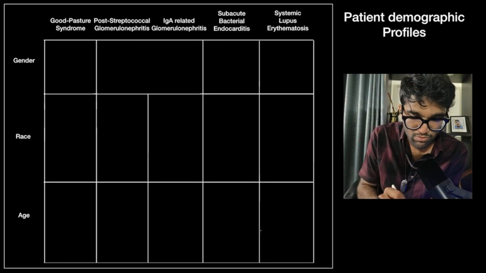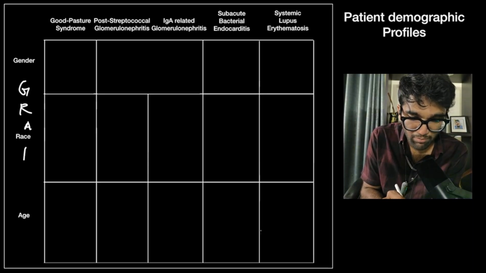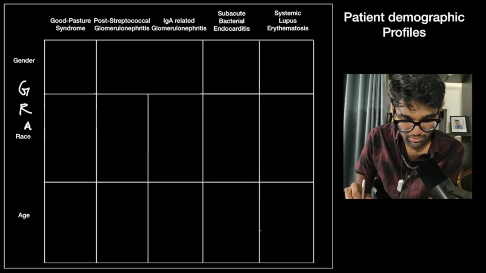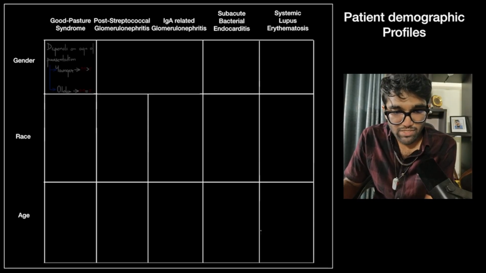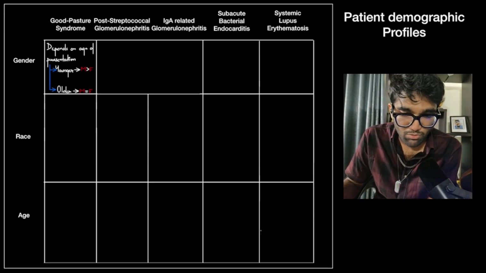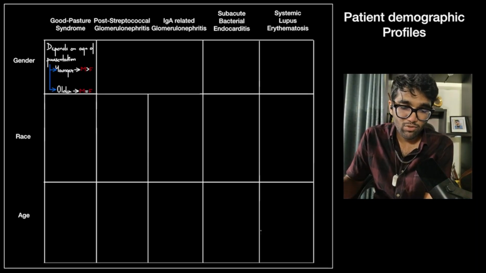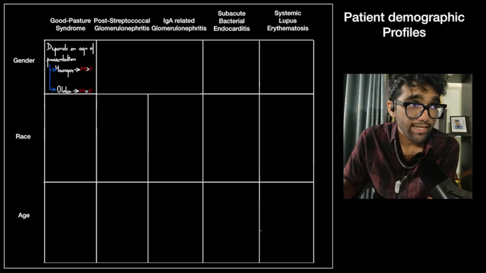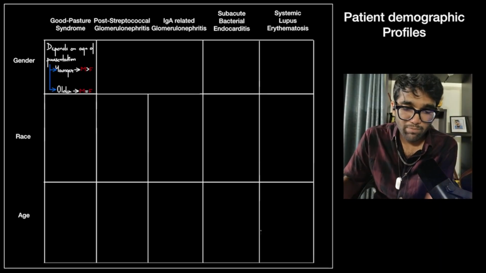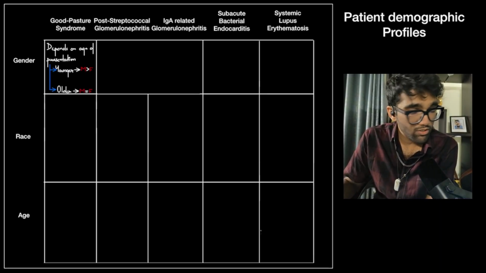So we'll first talk about the patient demographic profiles. I typically use the mnemonic GRAF, that is gender, race, age, and family history. So we'll be following that pattern. In terms of gender, Goodpasture syndrome tends to have two peaks, and within those two peaks, the gender distribution is slightly different. When it presents in younger individuals, you get a male dominance.